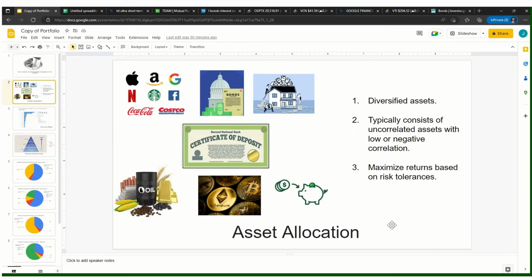The first one is, when you construct your investment portfolio, you want to have diversified assets. So what is a diversified asset? Within a portfolio, let's say you have $100, you can put $50 on stocks, and maybe $20 on bonds, and $10 on a savings account.